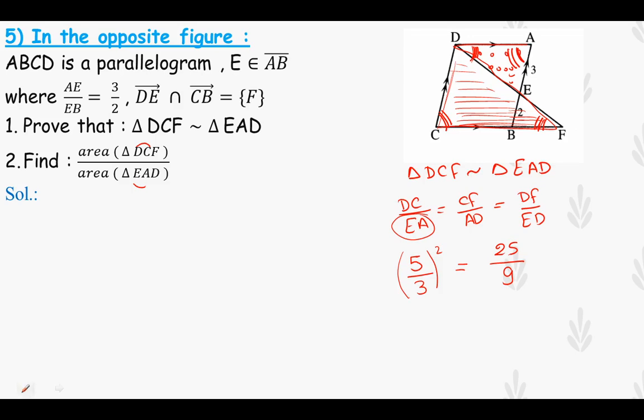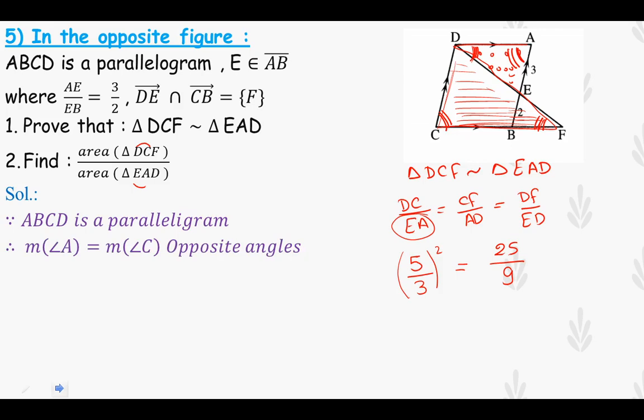Again, let's solve it together using the PowerPoint. ABCD is a parallelogram, so measure of angle A equals measure of angle C, opposite angles, and measure of angle ADE equals measure of angle F, alternate angles. So the two triangles are similar.